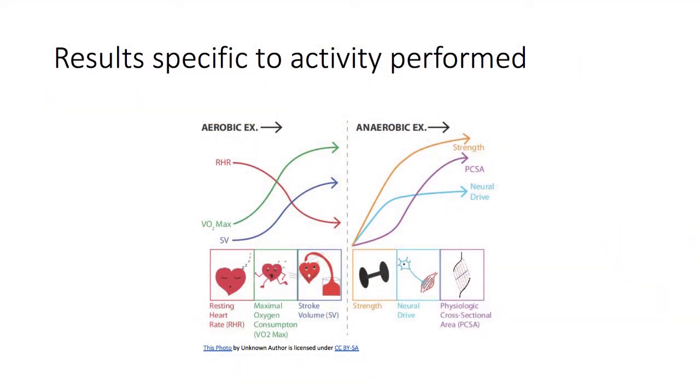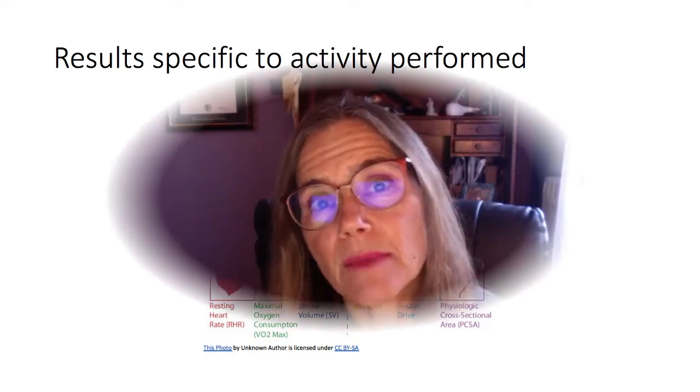Because they do different things. So your results to any activity are specific to the activity that you're performing. And again, I'm not saying instead of, but I'm just saying where you put most of your focus. It's important to know that because there are a lot of misunderstandings about exercise, and we're going to try to go over that.